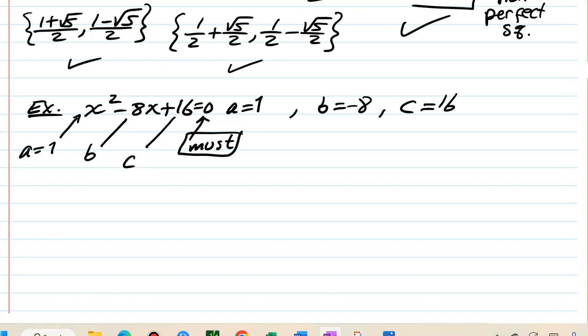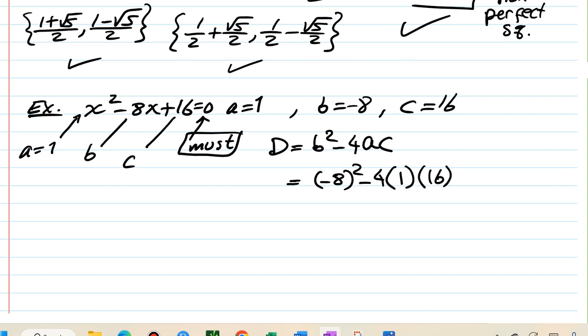Cool. Now, our discriminant D, b squared minus 4ac. That's -8 squared minus 4 times a, c is 16. Okay, let me move that a little away from the 0 for readability. There you go.